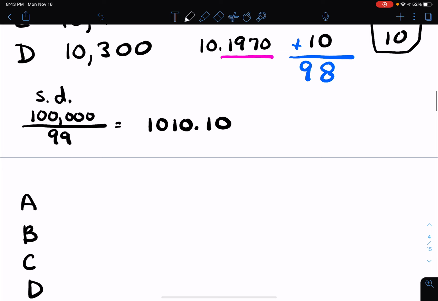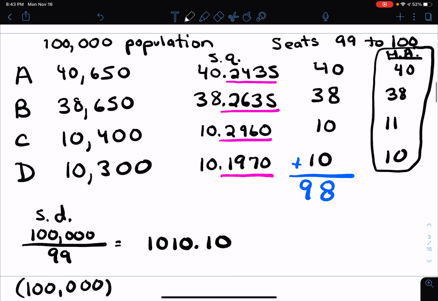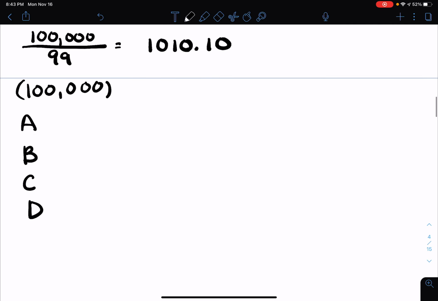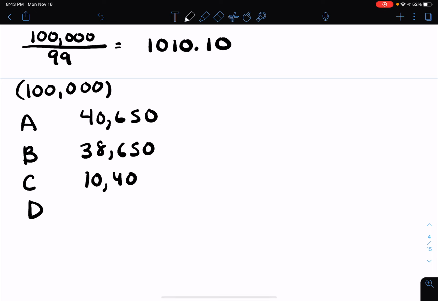Still 100,000 total. And we had like the 40,650, etc. So we had 40,650 for state A. We had 38,650 for state B, 10,400 for state C, and 10,300 for state D.